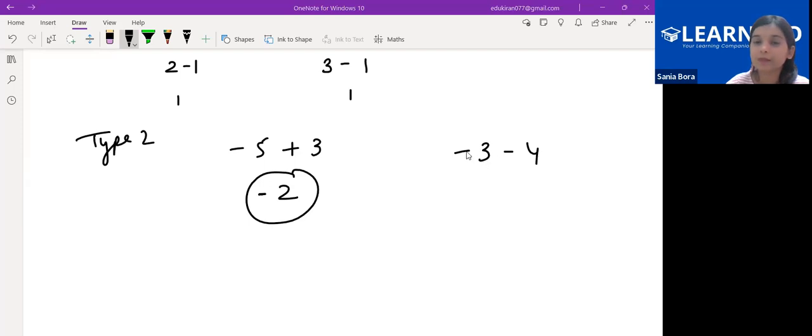Minus minus, plus and minus. So plus, if you will add 3 and 4, what you will get? 7. And who is greater, 3 or 4? 4. So minus 7. Yes?